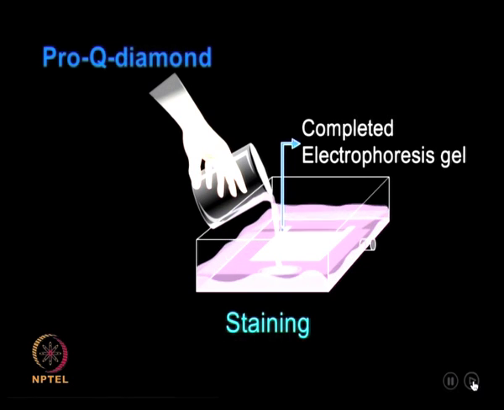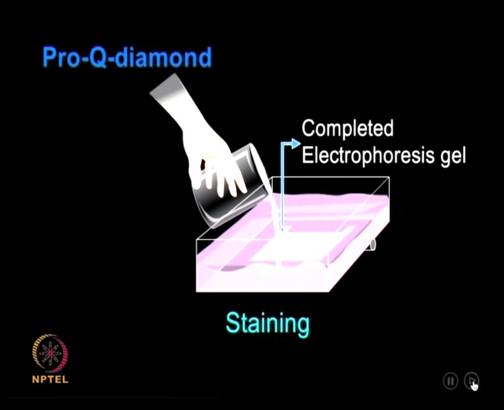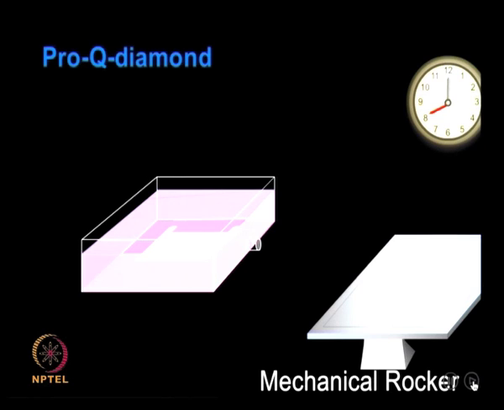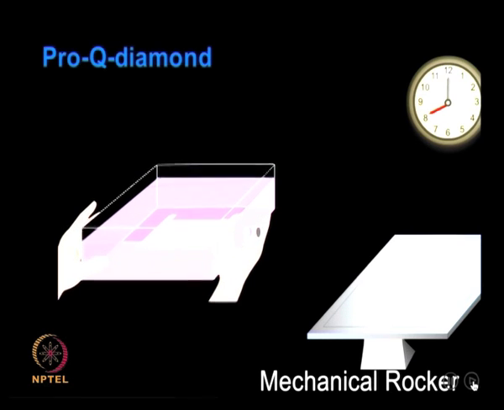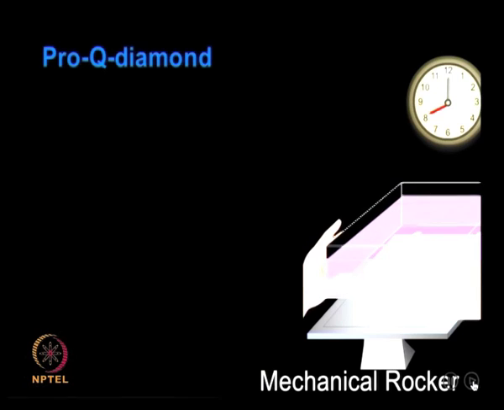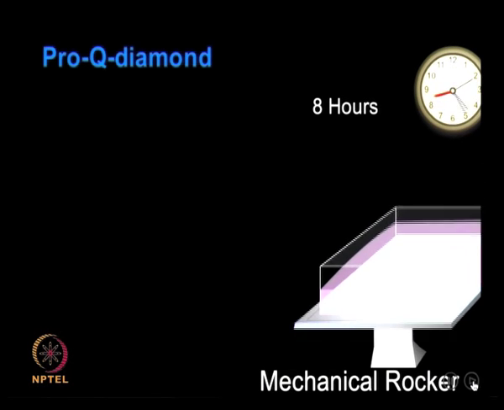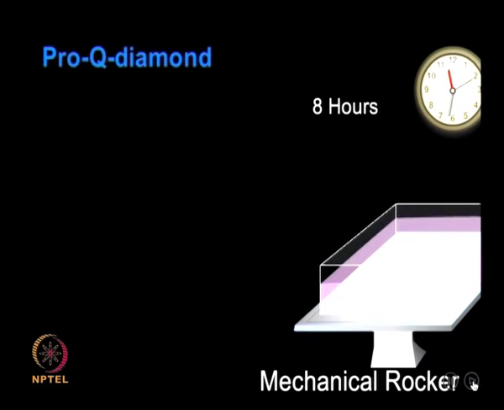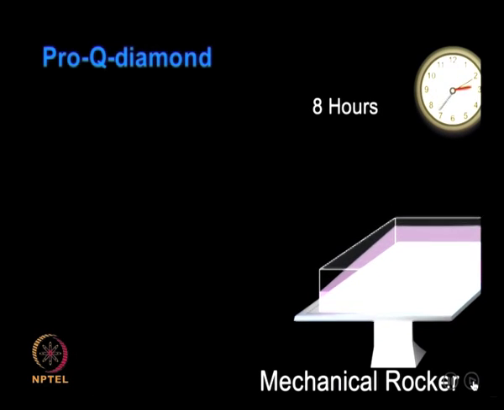The staining procedure is similar to the SYPRO Ruby Red, which was described earlier. This fluorescent dye offers sensitivity down to the nanogram level and detects specifically the phosphorylation taking place at serine, threonine or tyrosine residues.